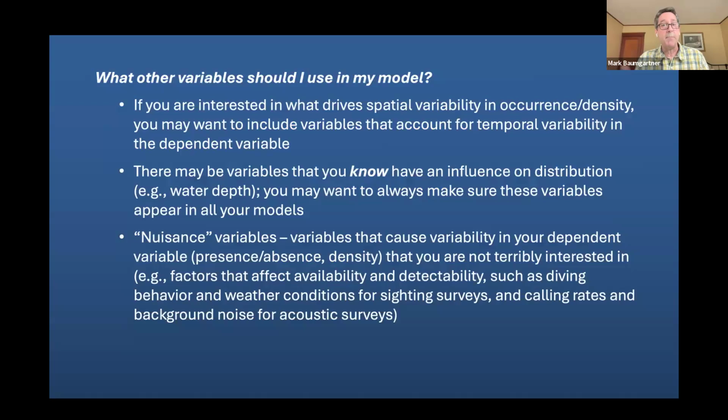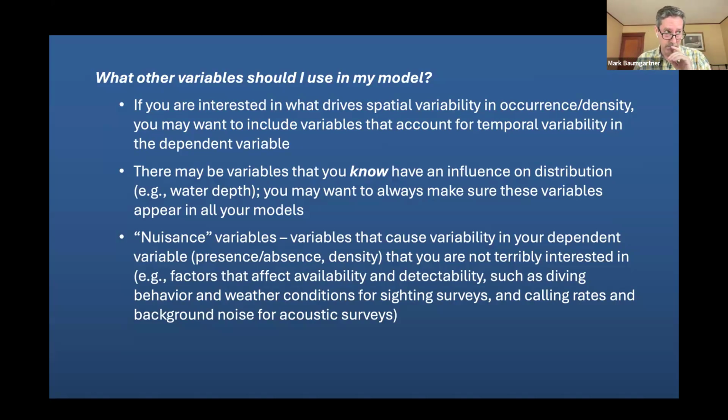Okay, it might be that you've got this great set of environmental variables. Great. So your first instinct is just to throw them into a model and see what comes out. Be careful about that. If you're interested in what drives spatial variability, then you want to include variables that account for temporal variability in the dependent variable.